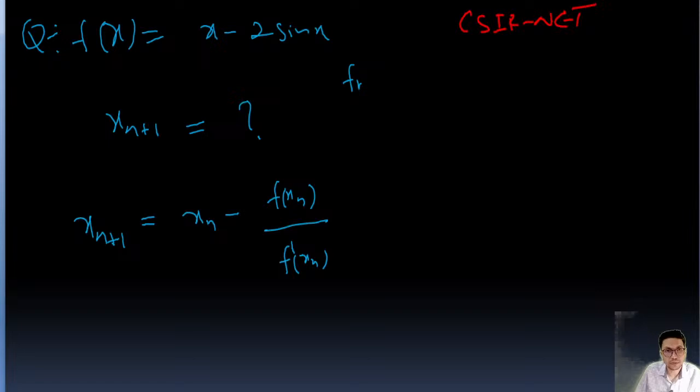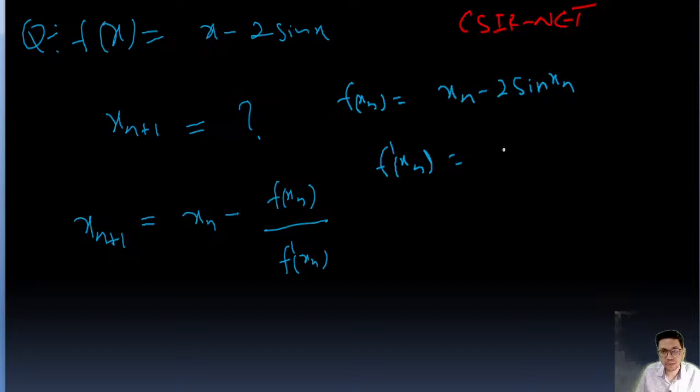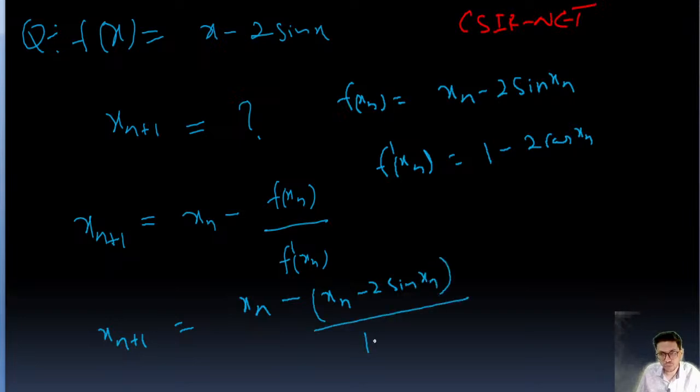So we'll find f(x_n), which is going to be x_n minus 2 sine x_n, okay? And f dash x_n is going to be, we'll differentiate it, 1 minus 2 cos x_n, right? We'll put the value, so x_{n+1} is going to be x_n minus 2 sine x_n upon 1 minus 2 cos x_n, okay?